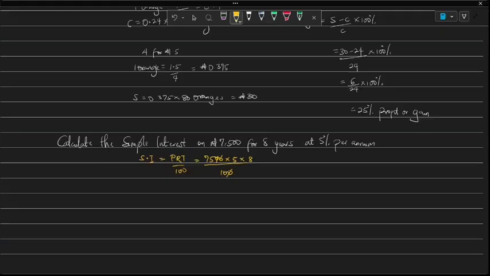The 2 zeros cancel the 2 zeros, so I'm left with 75 times 5 times 8. If you press your calculator, you will notice that your final answer is 3,000. Therefore, the simple interest is 3,000 naira.